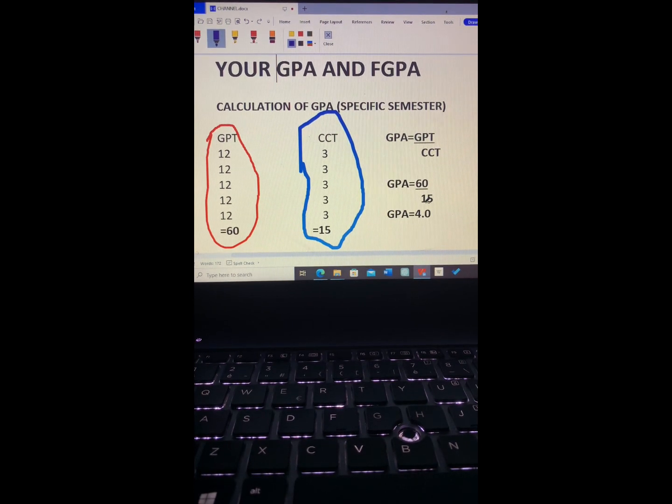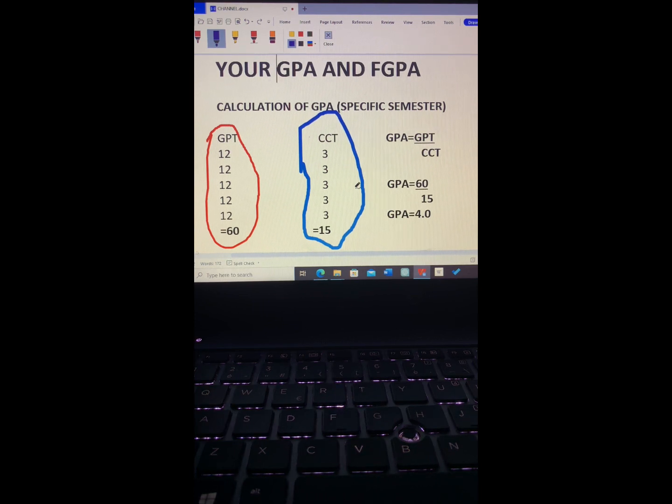Using my calculator, my GPA is 4.0 for a specific semester only. Yes, 4.0. So this is how you calculate your GPA.